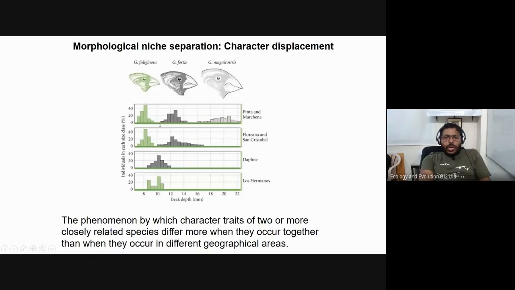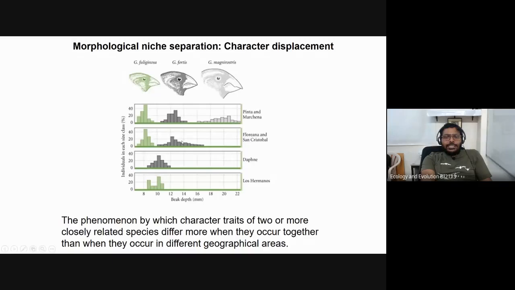However, if you look at another island where only two of the species are found, you see that this distribution and this distribution are still non-overlapping. This distribution is pretty similar to what you have when all three are together. However, if you look at this distribution, that of fortis, it has actually become wider.